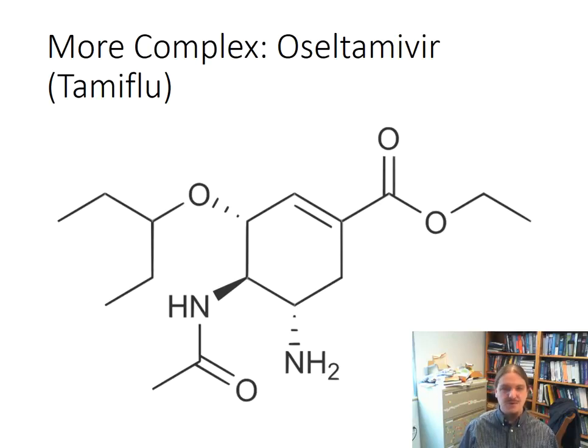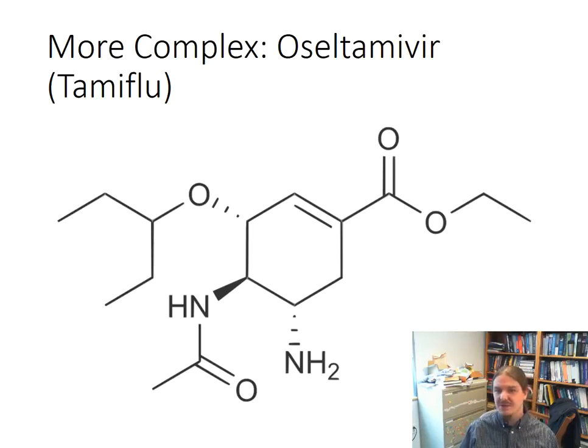It has more functional groups, it has chirality centers, but organic chemists have been in the business of trying to synthesize complex molecules for quite some time, and numerous Nobel Prizes have gone to organic chemists who have tackled and beaten really complex structures. And oseltamivir is actually not that complex in the grand scheme of things, but depending on where you're coming into it, this may be one of the most complex structures you've seen to date.